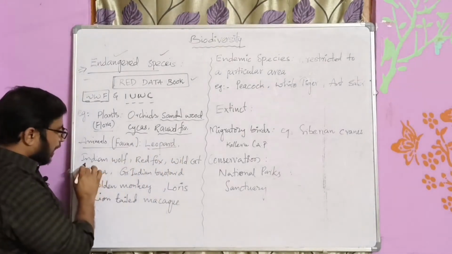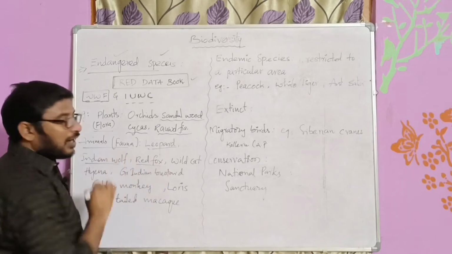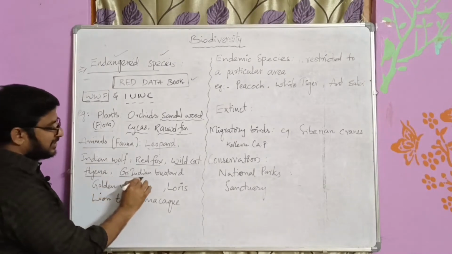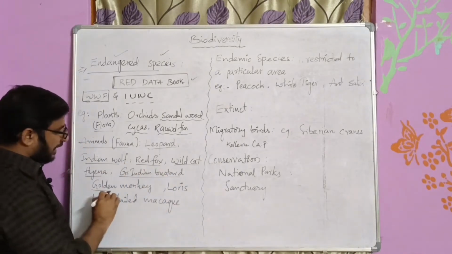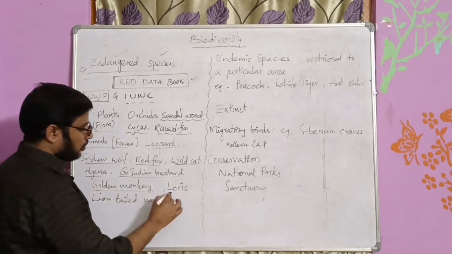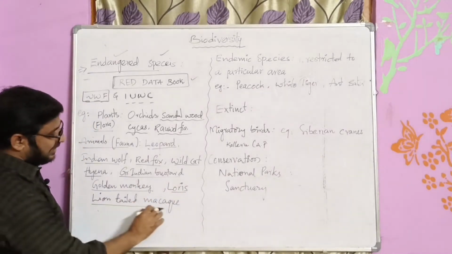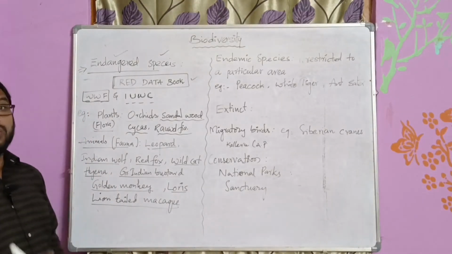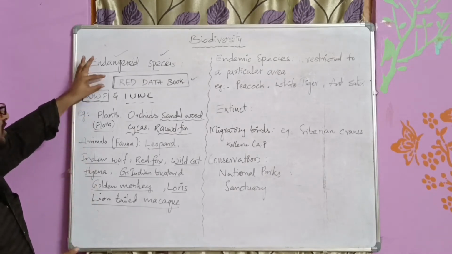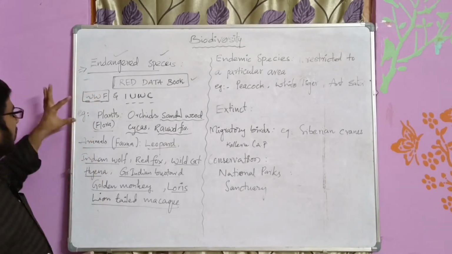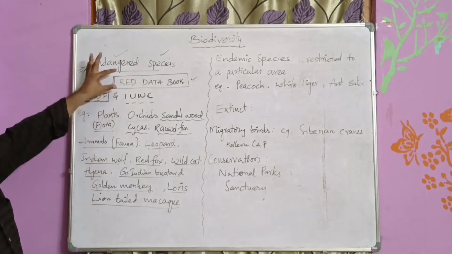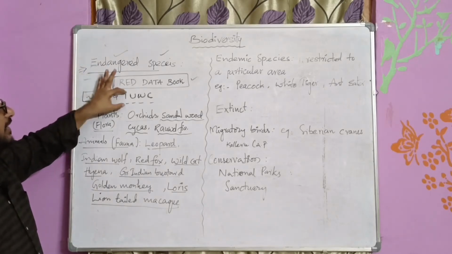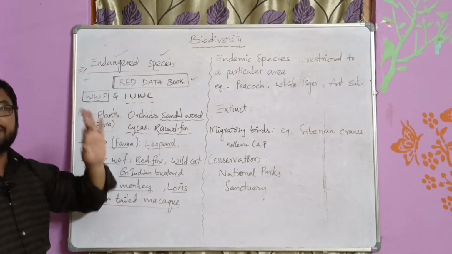Leopard, Indian wolf, red fox, wild cat, hyena, great Indian bustard, golden monkey, loris, lion-tailed macaque. These are in the Red Data Book. Once again, the Red Data Book is a list of endangered species. Among them, plants and animals are present. This Red Data Book is maintained by the World Wildlife Federation and the International Union for Wildlife Conservation.